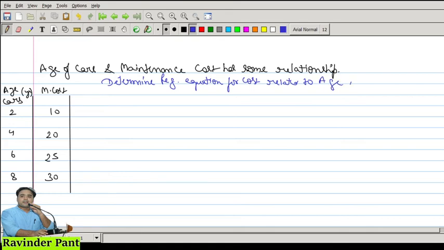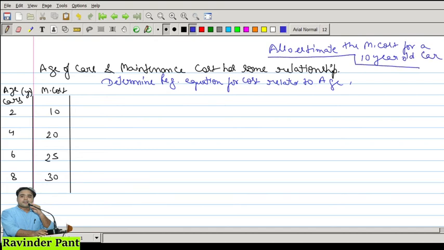And it says that also estimate the maintenance cost for a 10-year-old car. So we have the data for up to 8-year-old car and he wants us to predict the maintenance cost for a 10-year-old car.